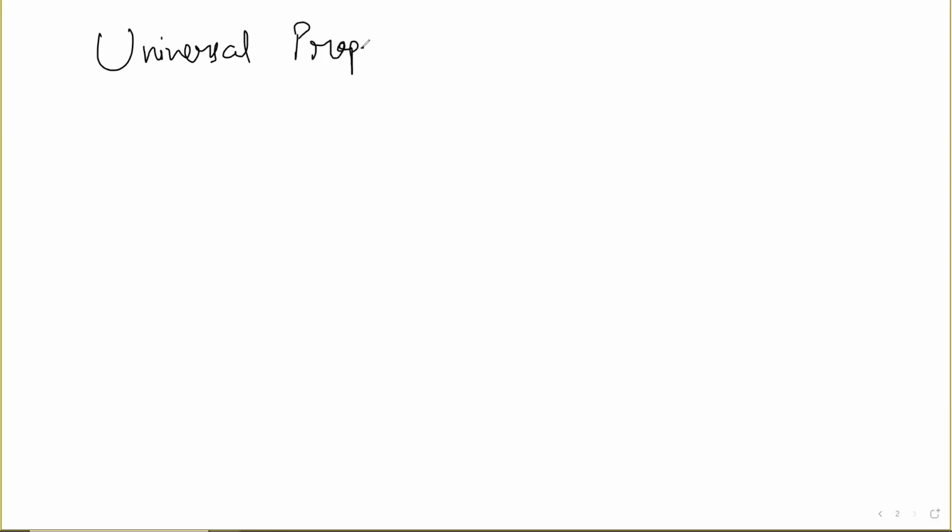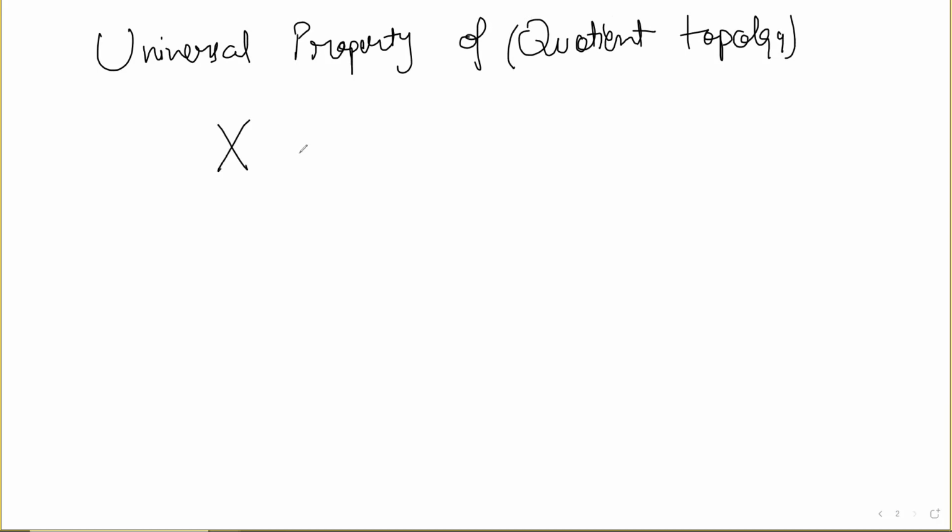So, the universal property of the quotient topology. You're saying that if you have X and Z and an arbitrary map, but why do you want this map to be a quotient map? Okay, let q be a quotient map.